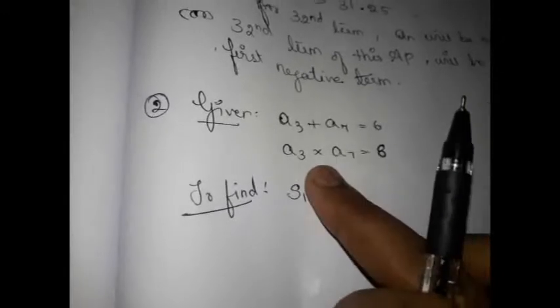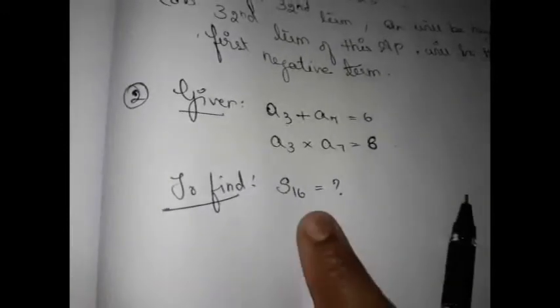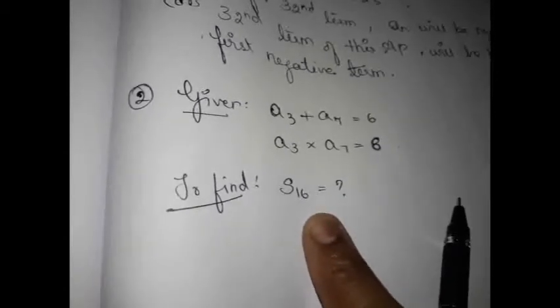If you add, you will get an equation in a and d. Similarly, here also, but here it is multiplication. Again, you substitute, you will get another equation in a and d. Solve these two and you can find any one of the variables, either a or d. Again, resubstitute it, you can find the other variable. Once you know a and d, you can very well find your S16. Right?